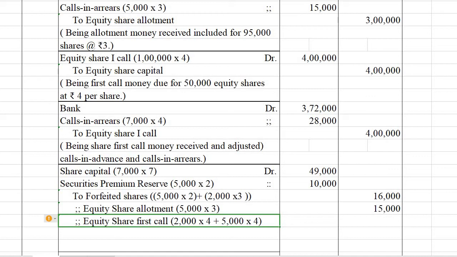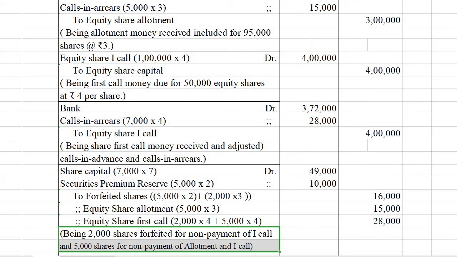That means 7,000 into 4, total 5,000 plus 2,000, 7,000 into 4, 28,000 did not pay. That's what we have shown here in calls in arrears for the first call, 28,000. So the same amount will be credited. So let us write the narration. Narration is ready.